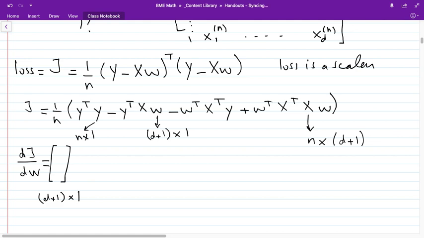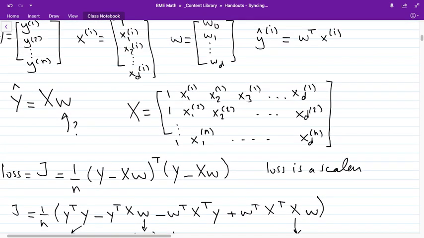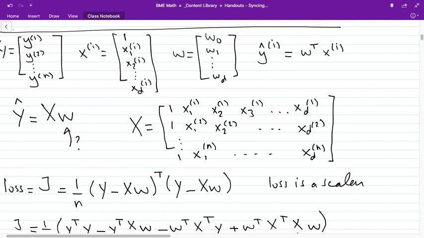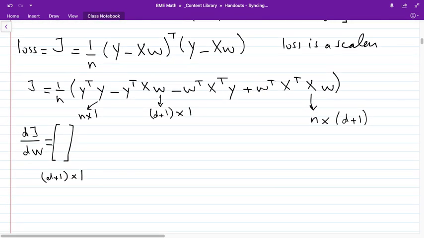When we find its derivative with respect to w, the first element of this vector is going to be the derivative of this J with respect to w0, the first element of w, this element here. Then we find the derivative with respect to w1, and so forth, until we get to the last one, wd. So we end up with a vector of size d plus 1 by 1, which is the size of w. Does that make sense?